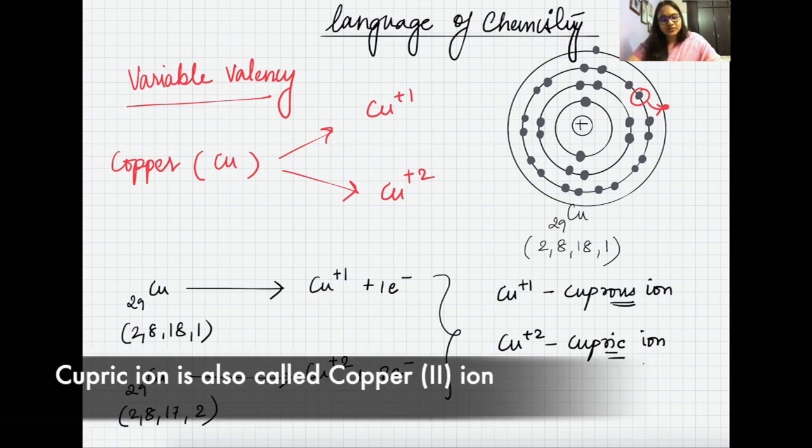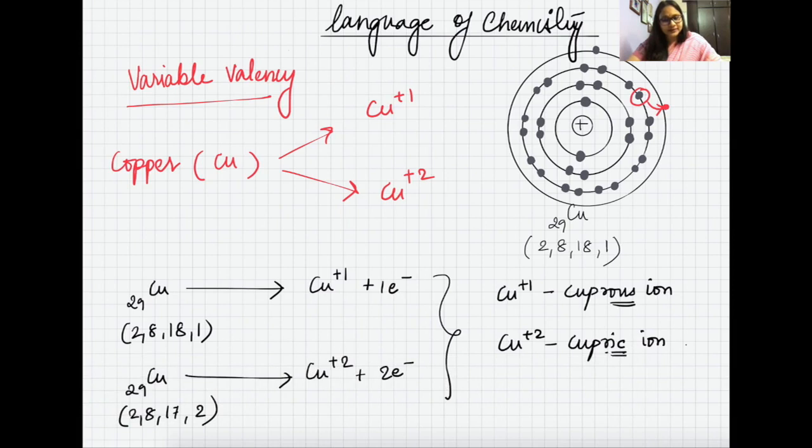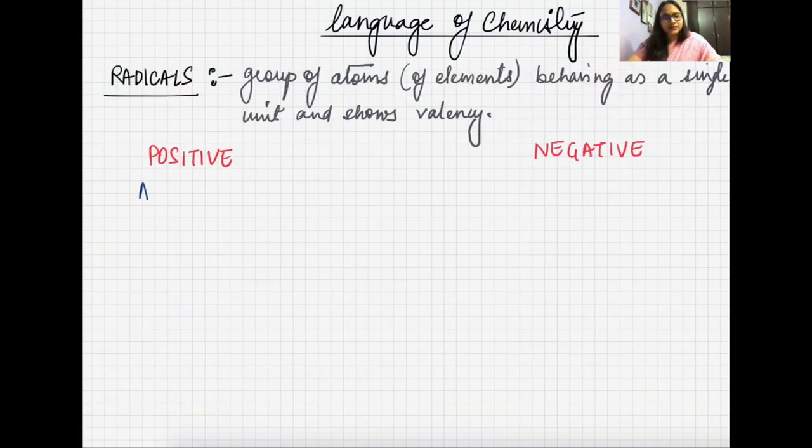You notice that the lower valency of copper is named with the ending OUS, and the copper ion having a higher valency is named with the suffix IC, cupric ion.